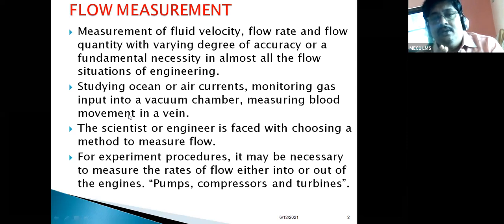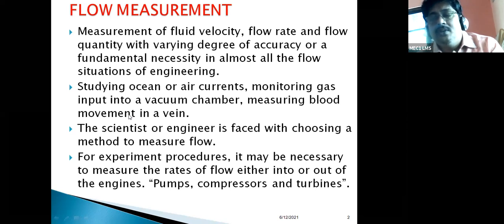But now we are discussing flow measurement devices. For example, with the help of the orifice, you are calculating the discharge with the help of some calculations, right?